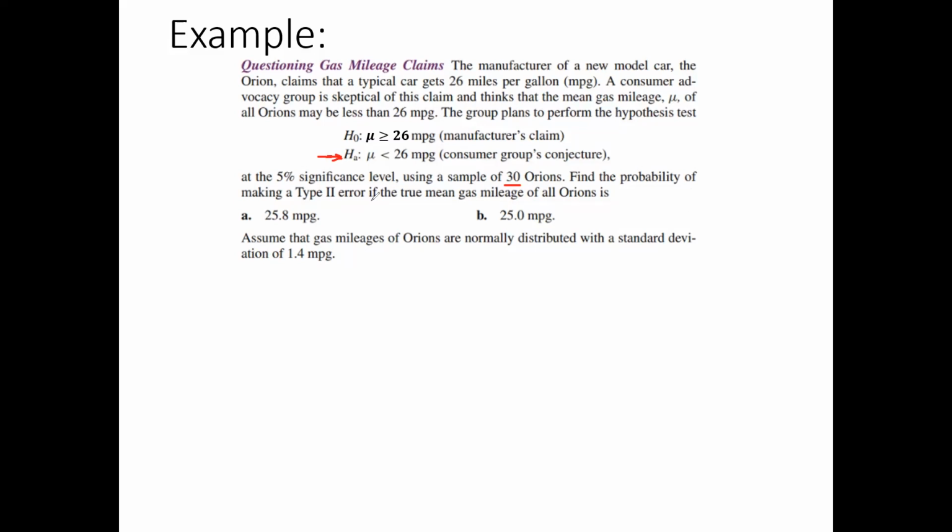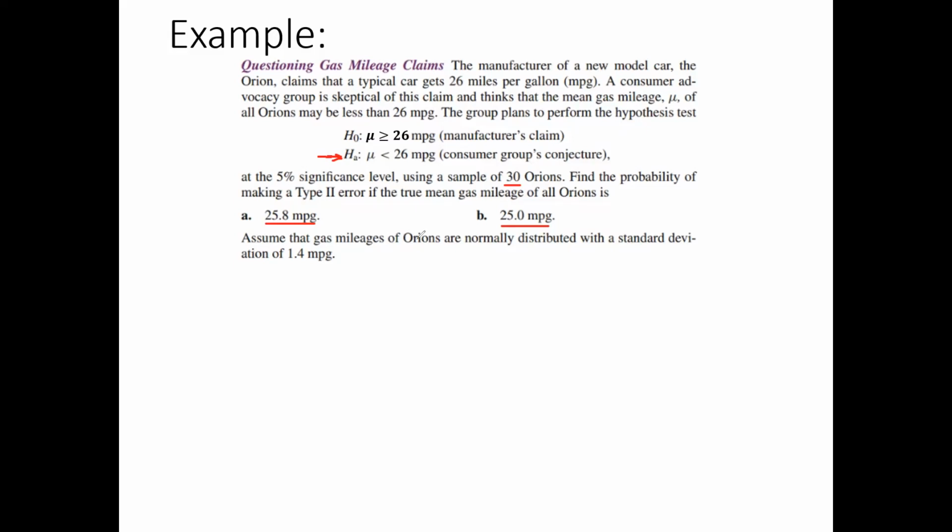And whenever you are going to talk about making type 2 errors, you kind of need to do a thought experiment again, where we pretend that we know what the true gas mileage is. So we're going to do it under two conditions, where the true gas mileage of all Orions is 25.8 miles per gallon, and when it's a lot less, 25 miles per gallon.